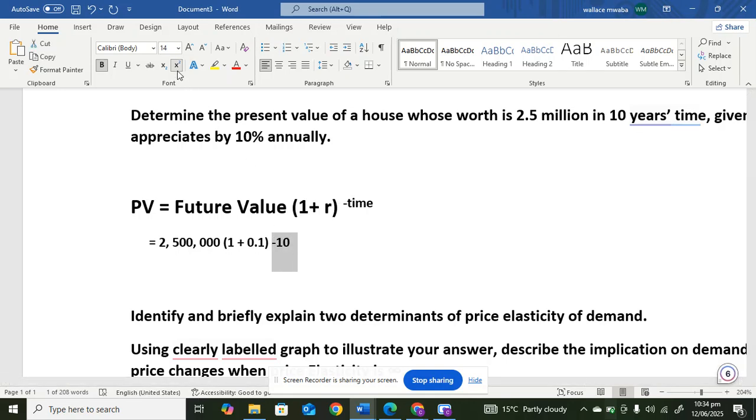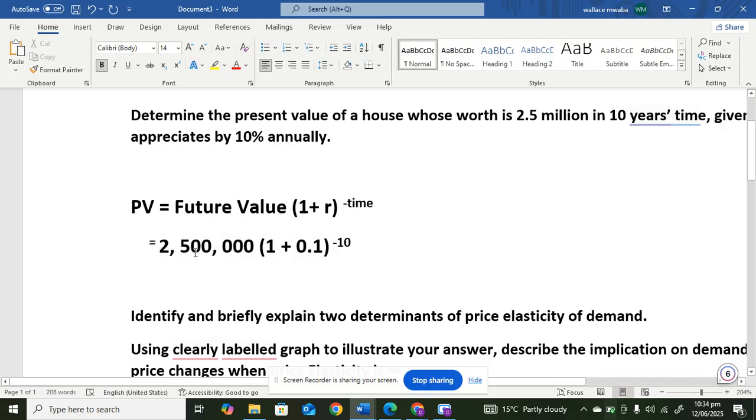So we need to get our calculators. Add 1 plus 0.1, we get 1.1. So we say, what is 1.1 to the power negative 10?